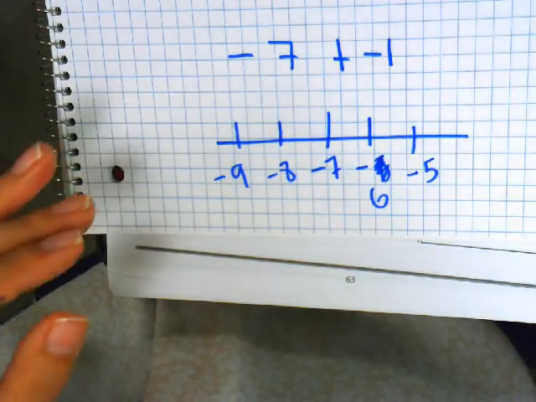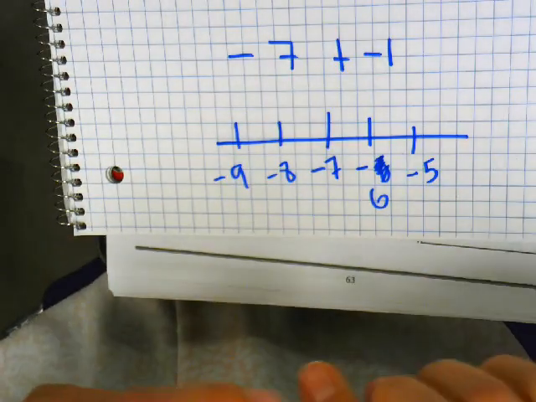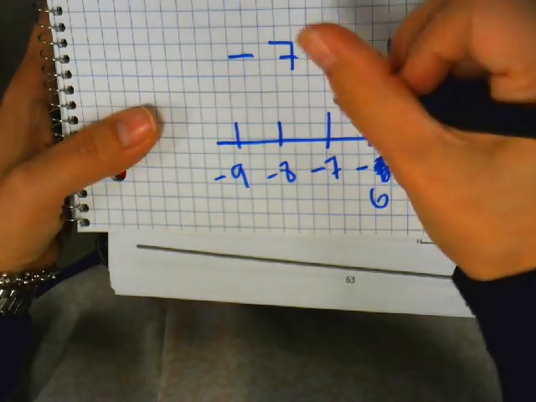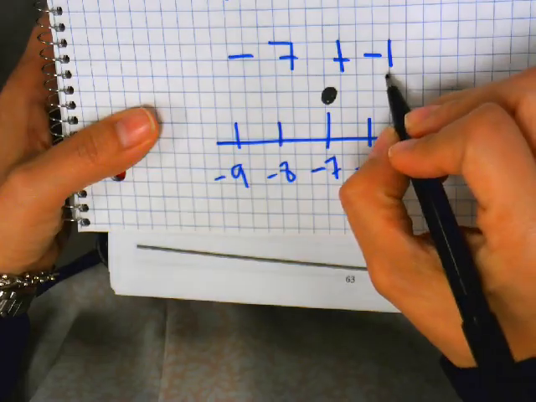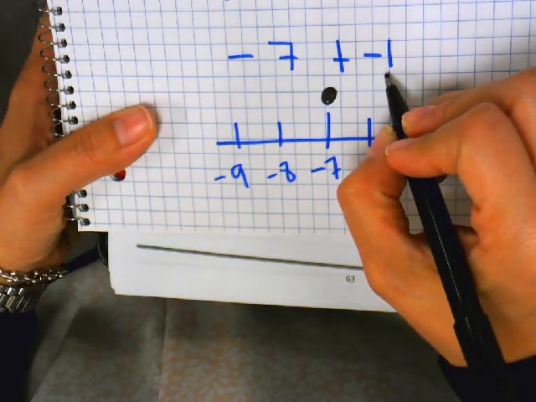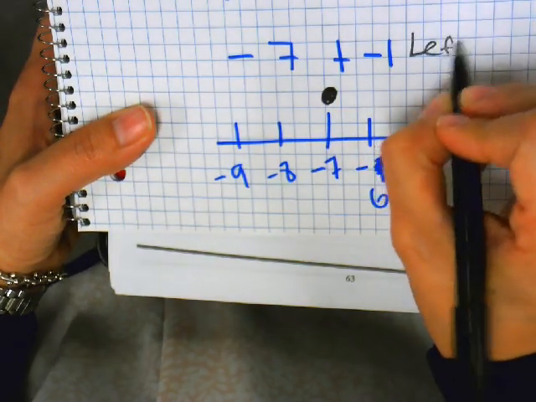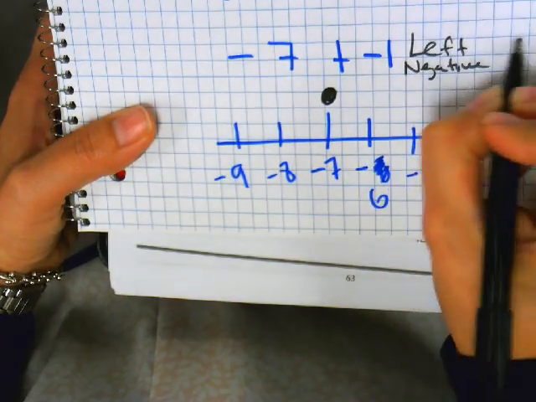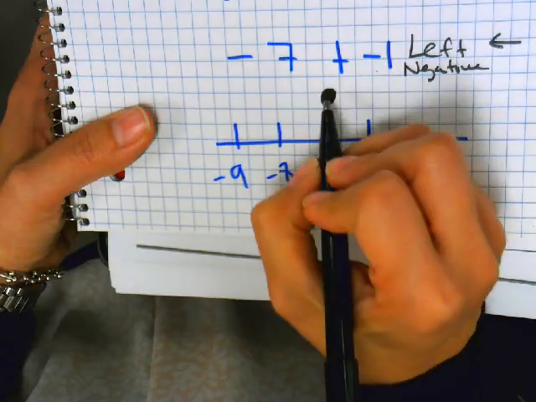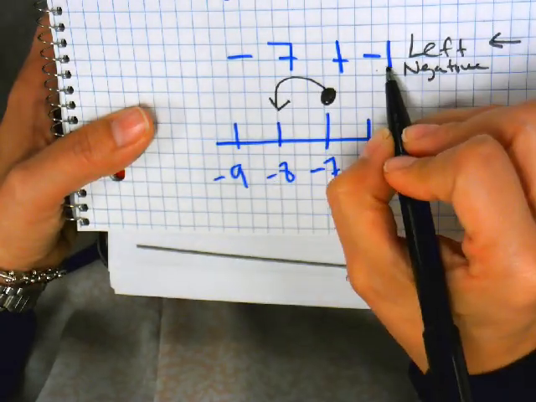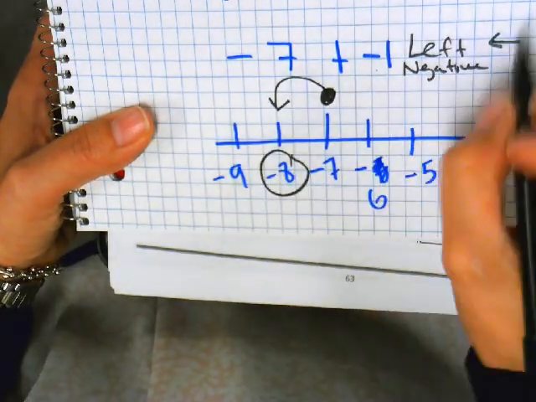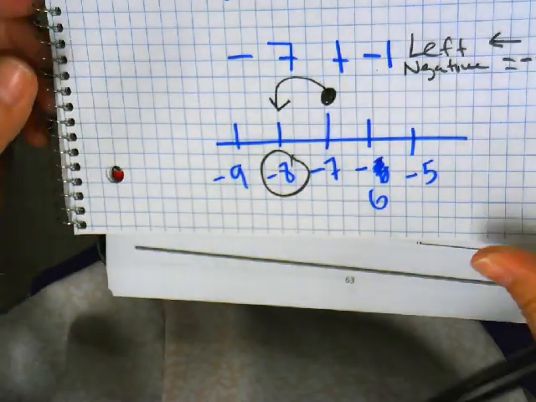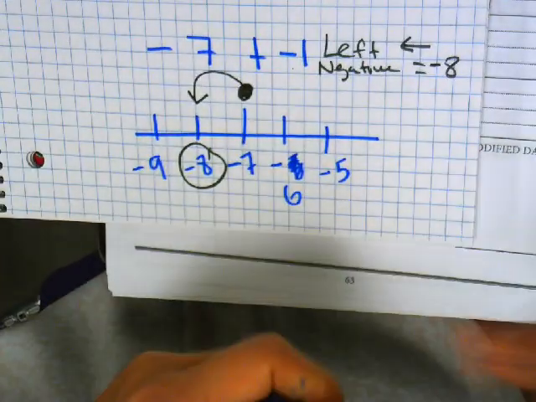Which number do I put the dot on? It's -7. Now, am I going to go to the left or the right? Left. Why do I go to the left? Because that is a negative. How many hops? Just one. One hop, because that's a negative. So one hop, and it equals -8.